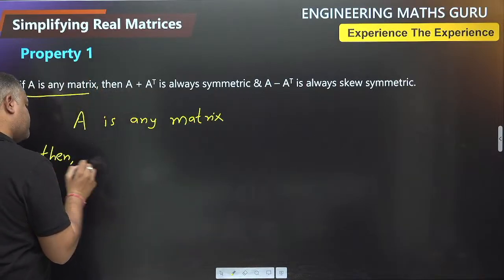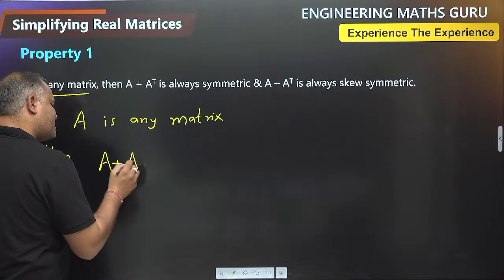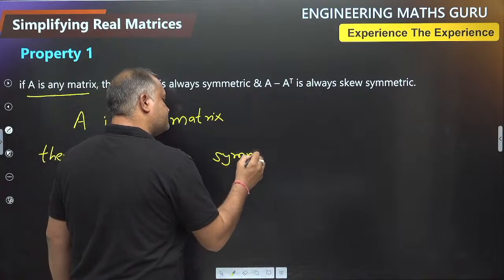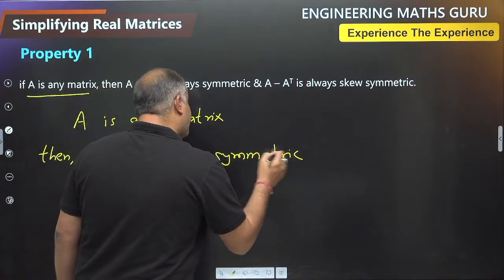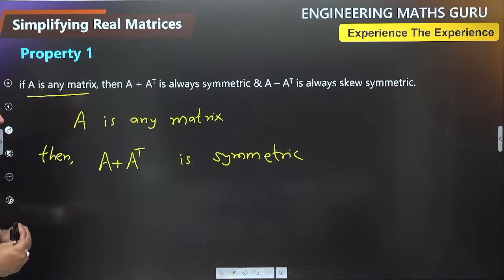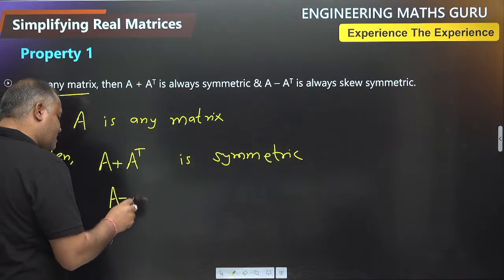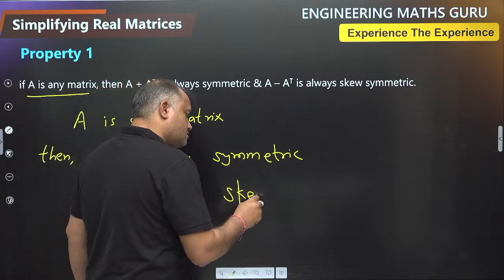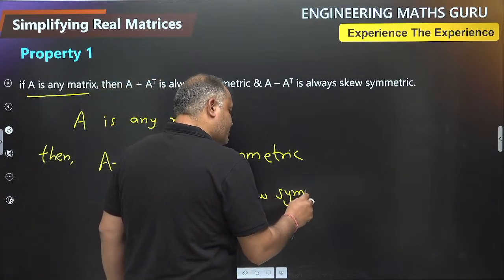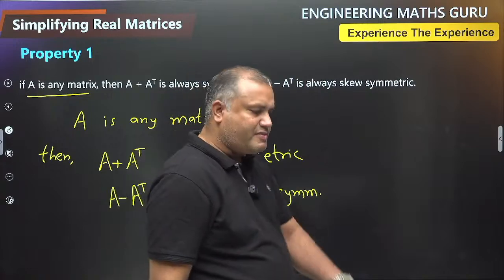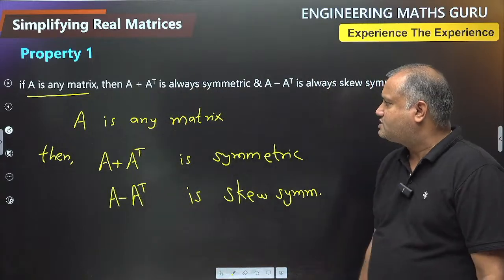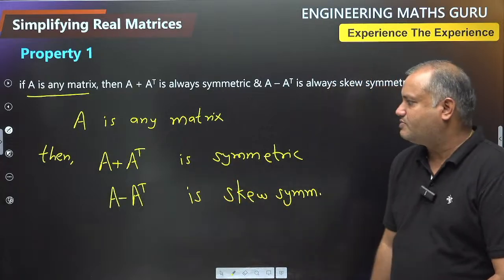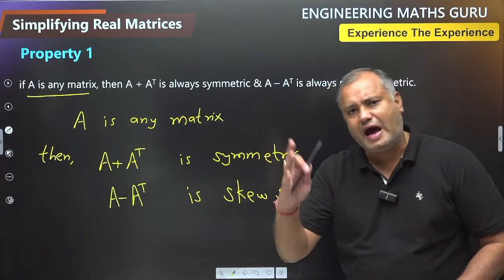Then A plus A transpose is always symmetric. If we add A transpose to A we will always get a symmetric matrix, and A minus A transpose is always skew symmetric. Always remember, if A is any matrix, then A plus A transpose is always symmetric and A minus A transpose is always skew symmetric. Will you remember this? You have to.